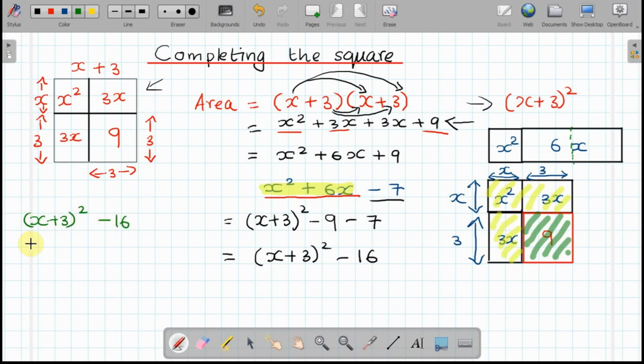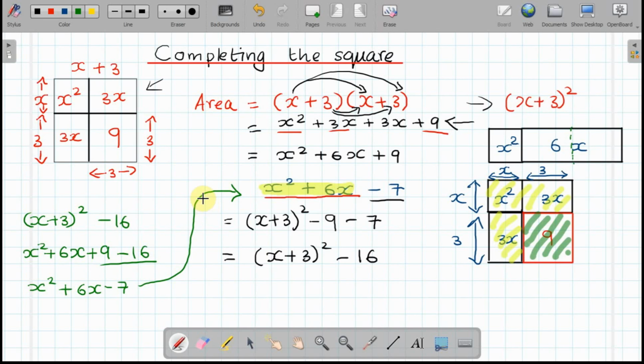Let's test this out. x plus 3 whole squared was x squared plus 6x plus 9, minus 16, and 9 minus 16 simplifies to give you x squared plus 6x minus 7. And this is the same as our expression here.